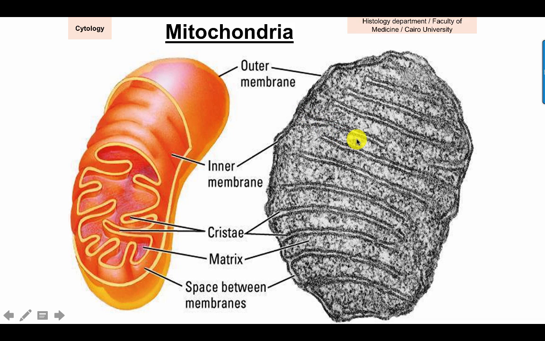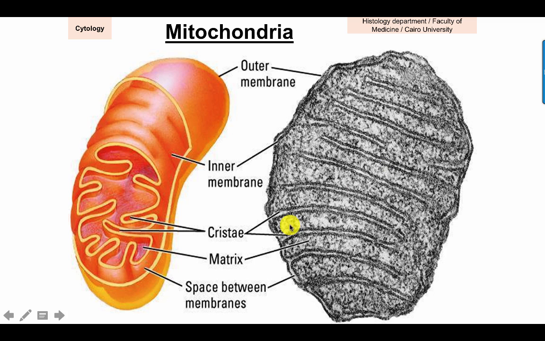On the surface of the cristae we have the elementary particles containing the ATP synthase enzyme, which will form oxidative phosphorylation and produce the ATP molecules in which the energy is stored.